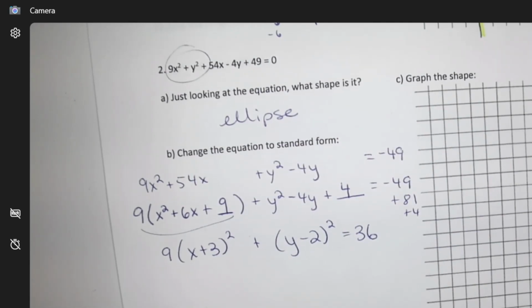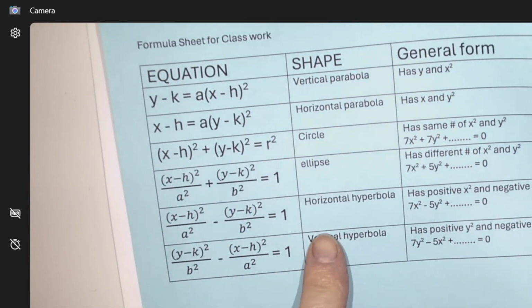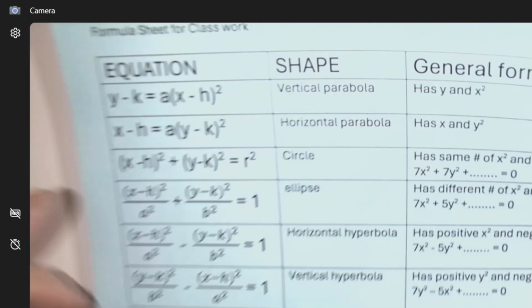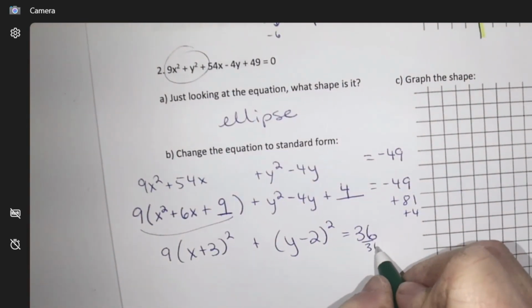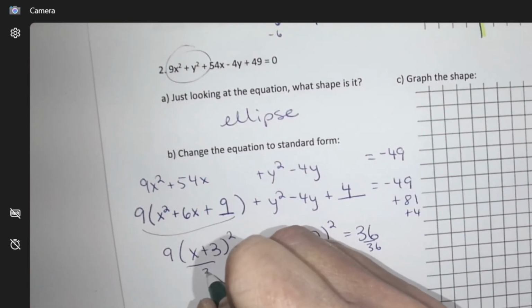And how do we make it look like an ellipse? So you need to have a 1. So to have a 1, I would need to divide each thing by 36.